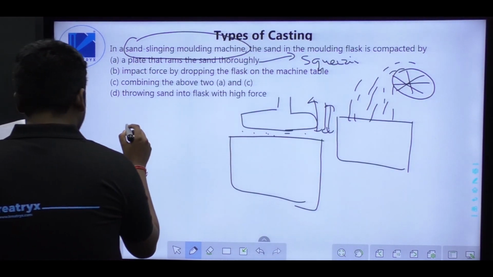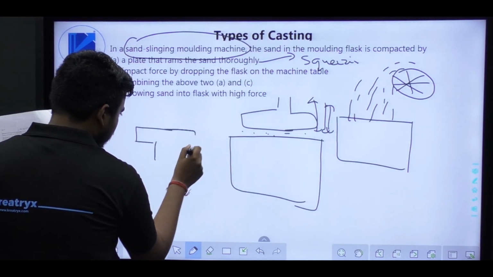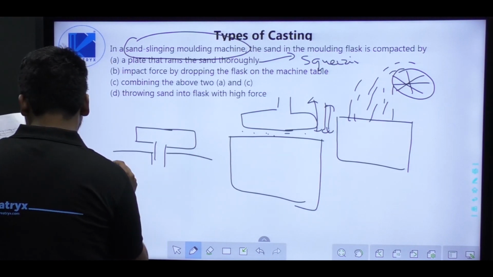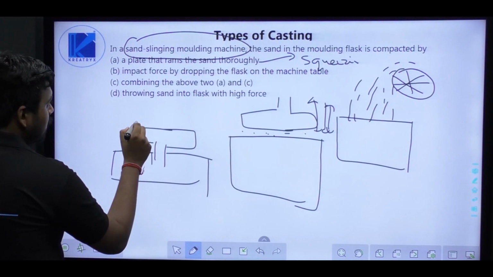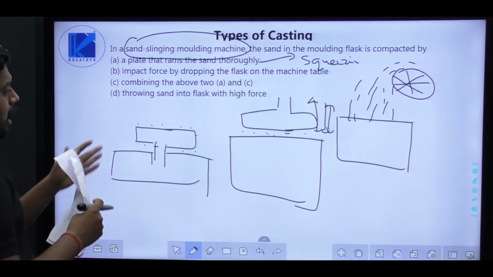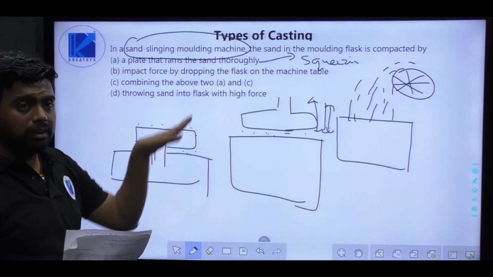Now, impact force by dropping the flask. Friends, this is again another machine molding operation. In this, the sand is getting compacted by the impact force of dropping the flask.